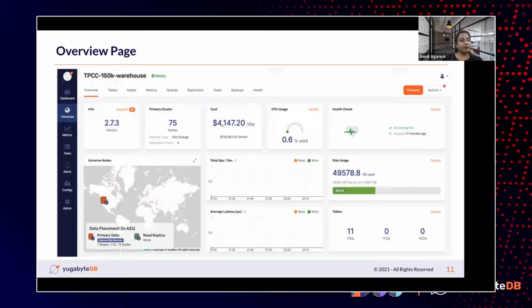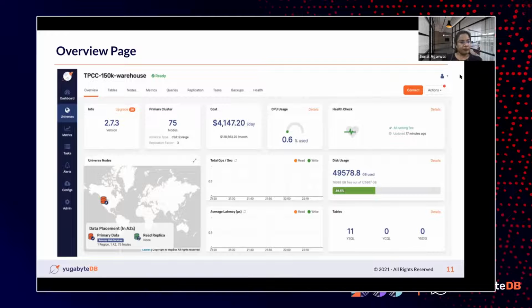It also gives us information about the overall CPU utilization in the universe, the operations happening, and the data volume being loaded in the system. It also gives us health check information: whether all the nodes are healthy, up and running, or if there is any issue.